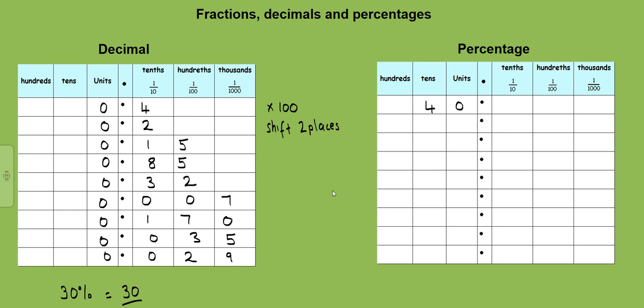We're dependent on whether we're dividing, multiplying, or whether it's with tens, hundreds, thousands, etc. So it's going to shift 2 places this way, so 0.2 will become 20%. Okay, 0.15 is going to shift 2 places and become 15%. 0.85 is going to shift 2 places and become 85%.